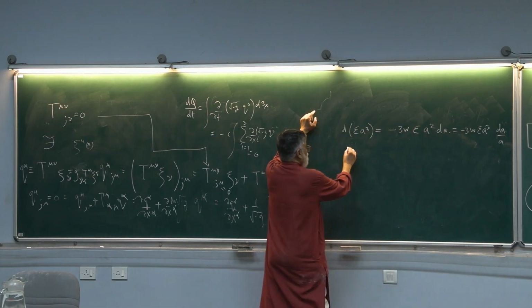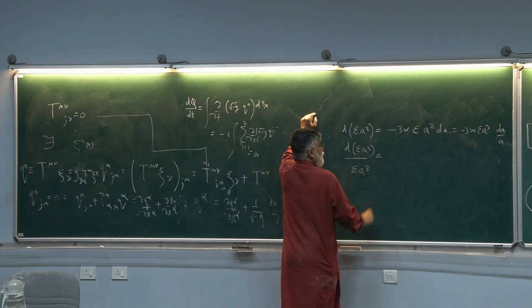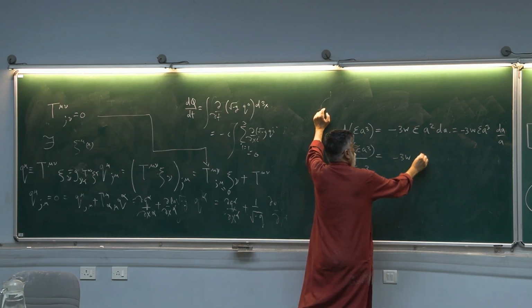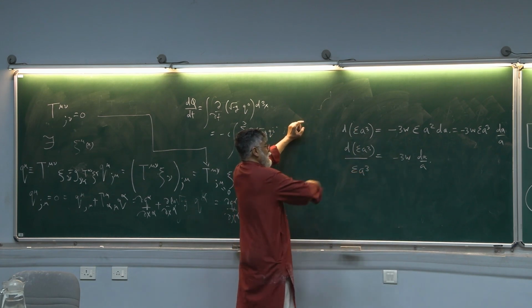So, therefore, this can be written as d(energy density A cube) by (energy density A cube) is equal to minus 3W dA by A. And I have assumed W to be a constant. W is a constant. I'll integrate both sides.